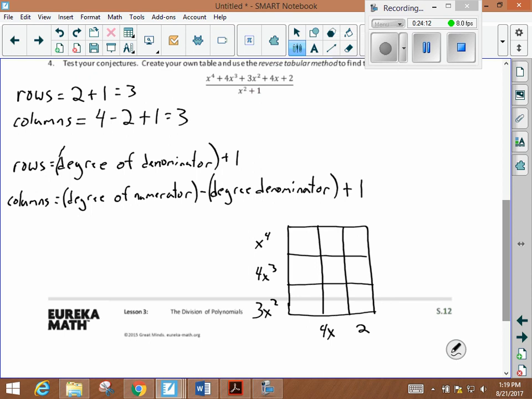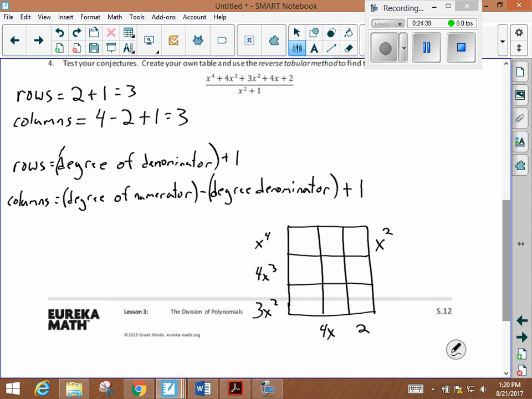Okay, so our numerator, the expression that we have on the top, is going to go on the outside. Our denominator, the expression on the bottom of our quotient, is going to go on the right-hand side, but it looks like I'm missing that x term, right?